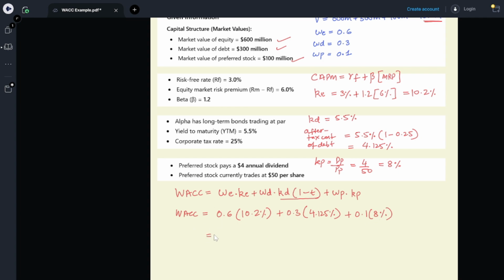Okay, so our final answer would be 0.6 into 10.2. And like you can notice, the cost of equity is greater than the cost of debt because equity holders have a residual claim on a company's assets. 0.3 into 4.125, which is 1.2375.